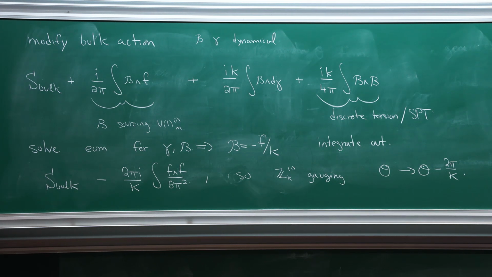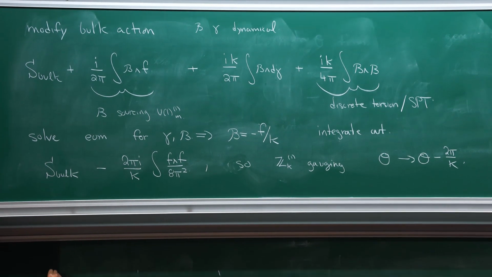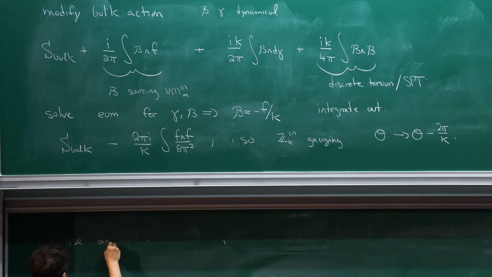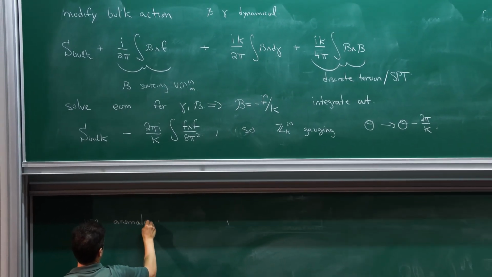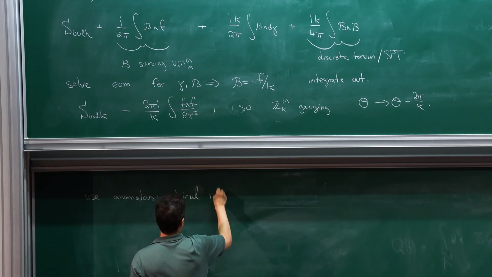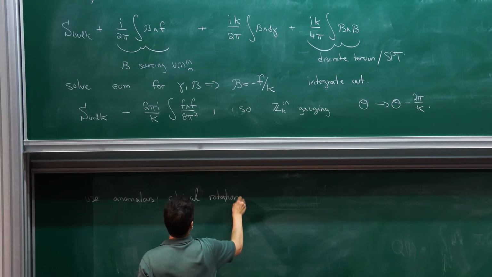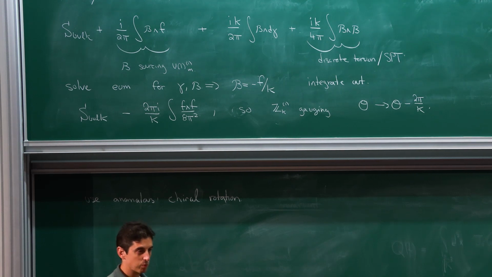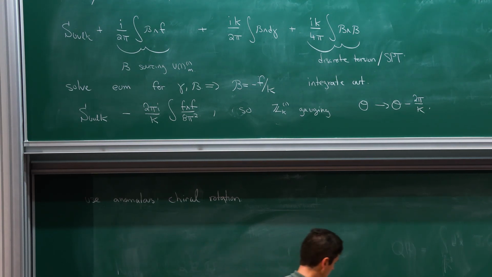Okay, so we have this shift, and now what do I do? I use the anomalous chiral rotation. I do that everywhere in space-time, okay?